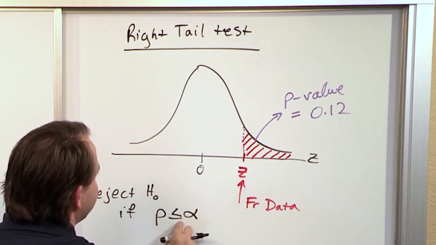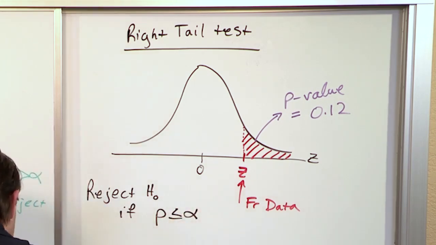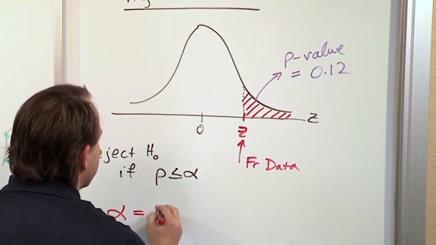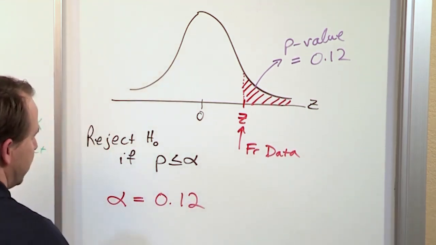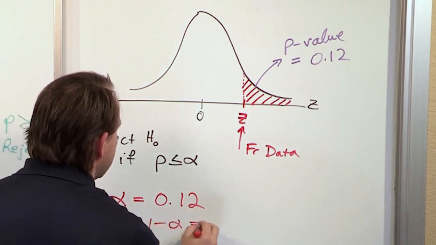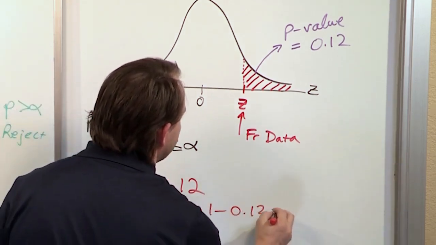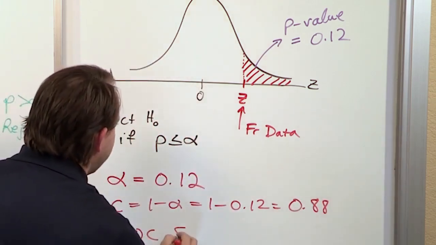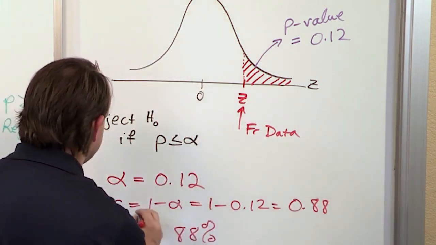Notice it says or equal to alpha. So then all I have to do is say, aha, well then I'll say alpha is 0.12. And then from that, C is 1 minus alpha, 1 minus 0.12, 0.88. So the level of confidence is 88 percent in this case.